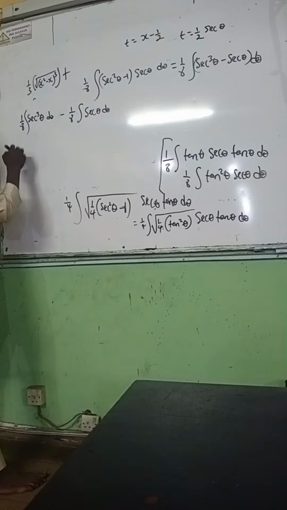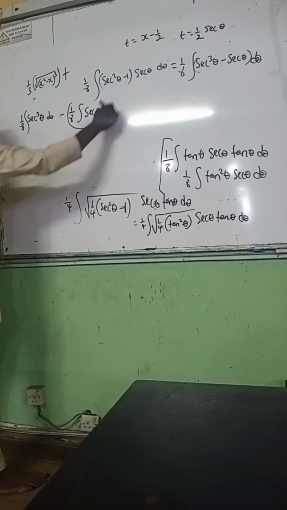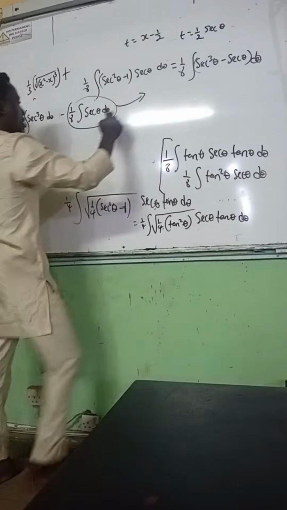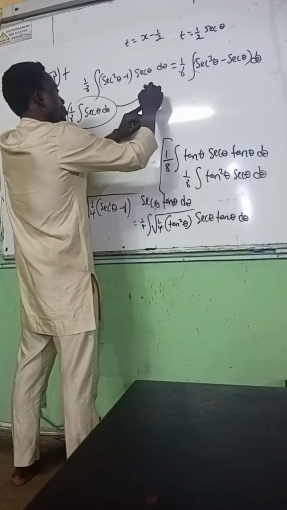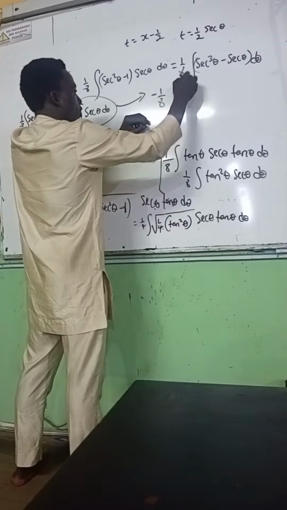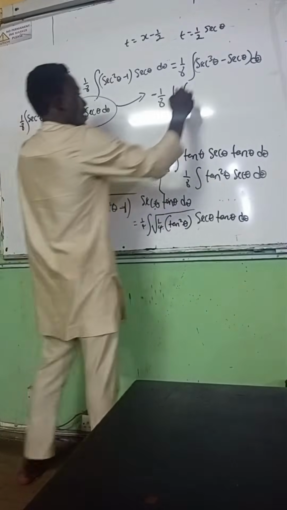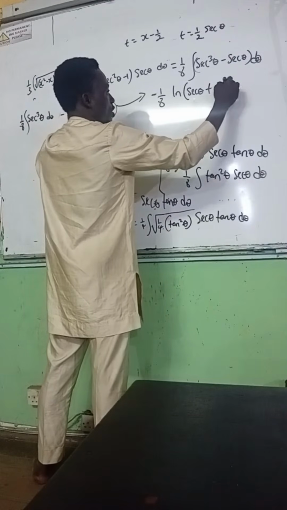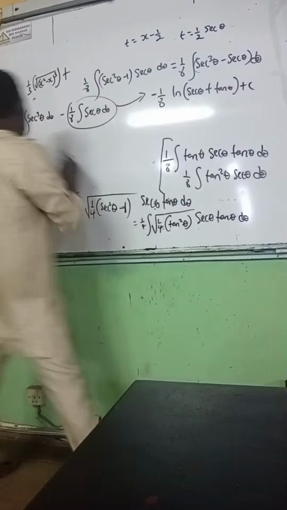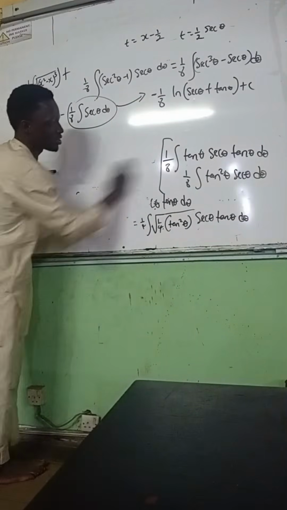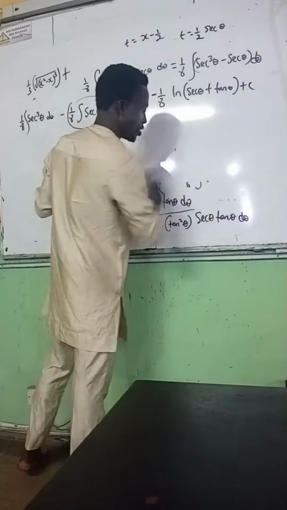This part alone gives us minus 1 over 8 ln, we solved it earlier. If we integrate sec theta, we get ln of sec theta plus tan theta plus c. So we are focusing on sec cube theta now.